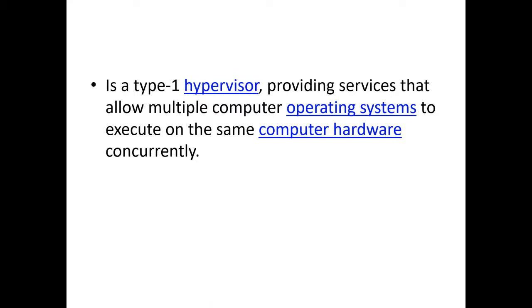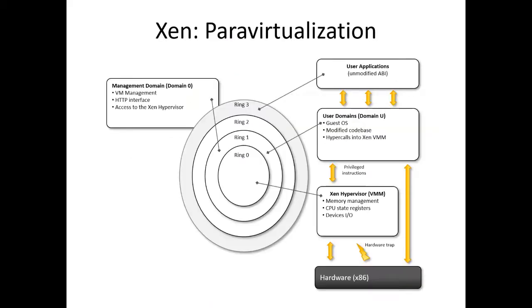Xen supports virtual machine live migration from one host to another, allowing workload balancing and avoiding downtime. In the coming few slides, let us talk about Xen architecture and guest OS management.